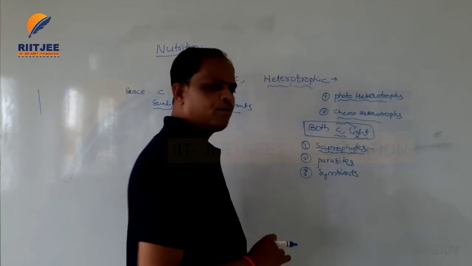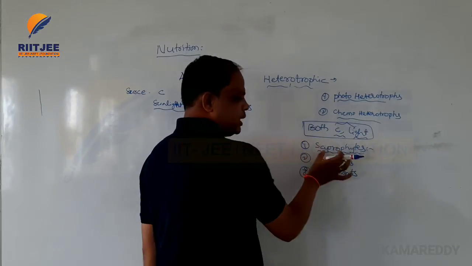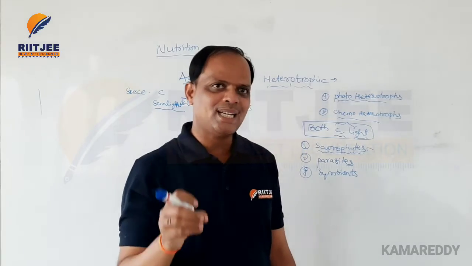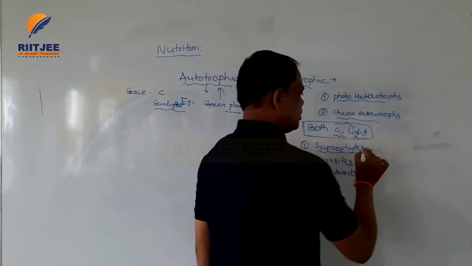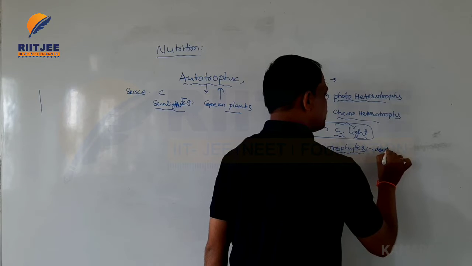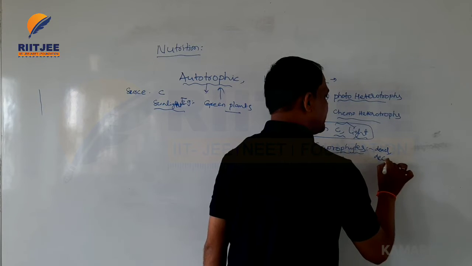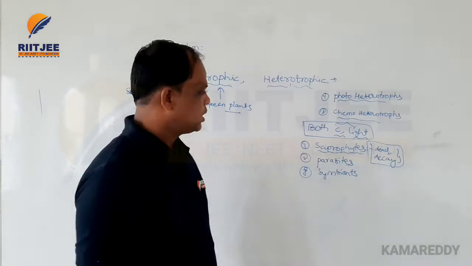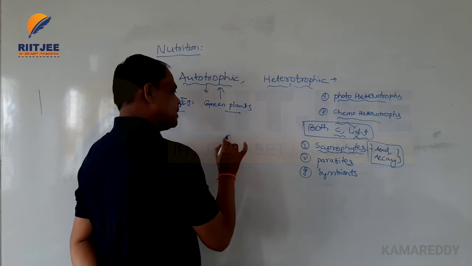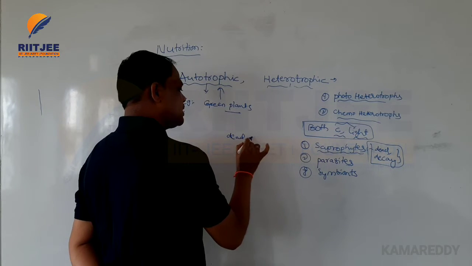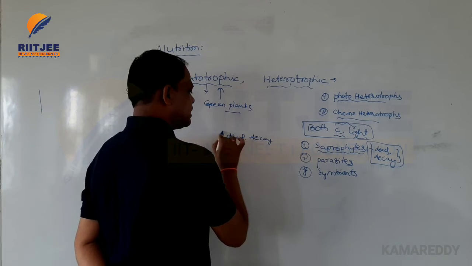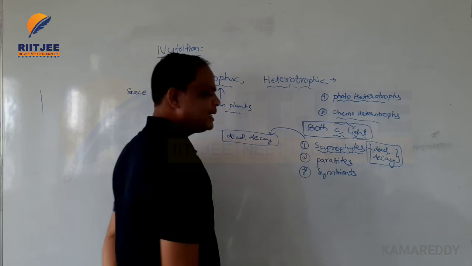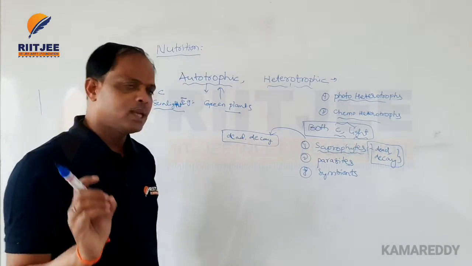The first one is the saprophytes. These saprophytic organisms are directly dependent on dead and decaying organisms, or waste materials or raw materials. For example, when dead and decaying materials are present, the saprophytic bacteria release enzymes.